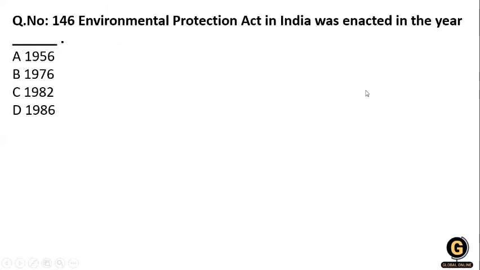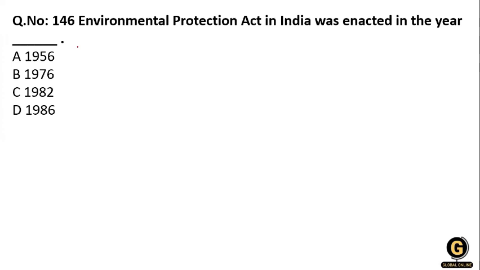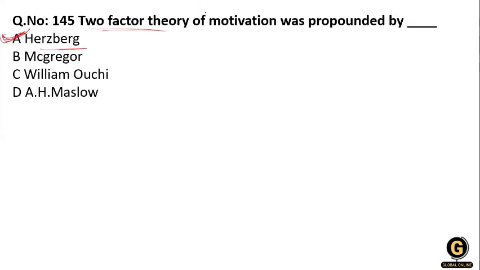Clear? The next question: the two factor theory of motivation was propounded by Herzberg. Keep it on the tip of your tongue. The two factor theory of motivation was propounded by Herzberg in 1959.